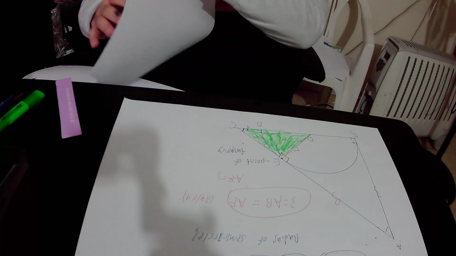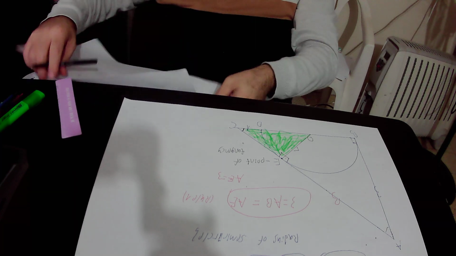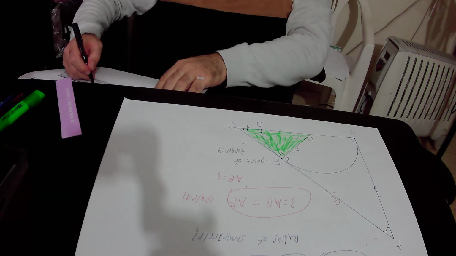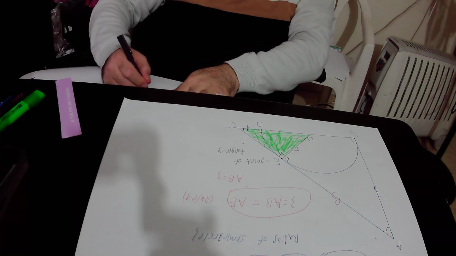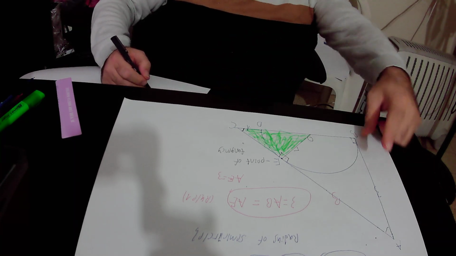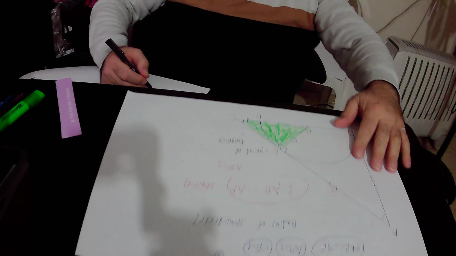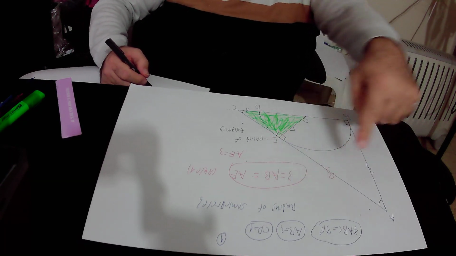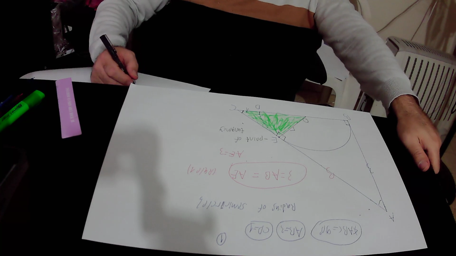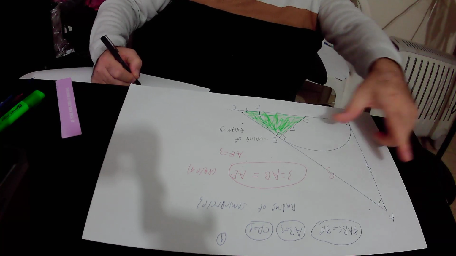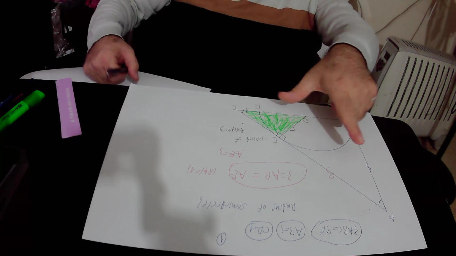Okay, but what is the value of AB? According to what is given in the question, AB equals 3 units. So AB is 3. What is the value of AC?